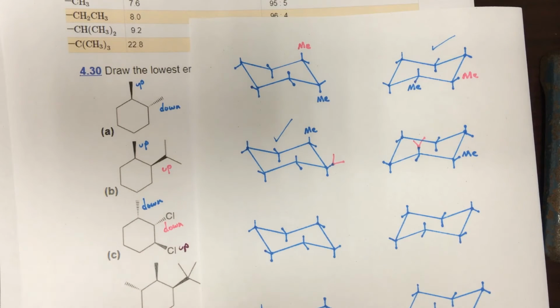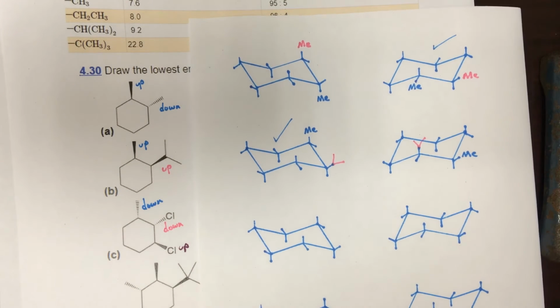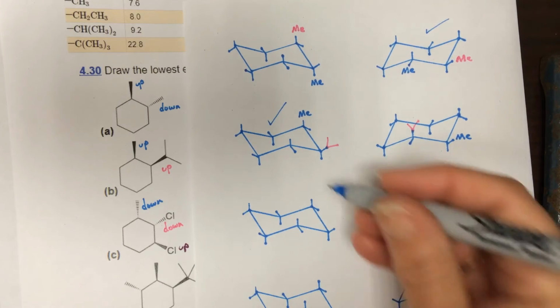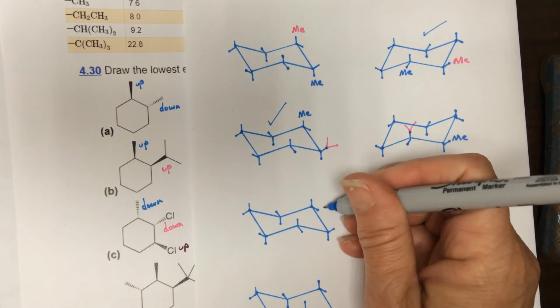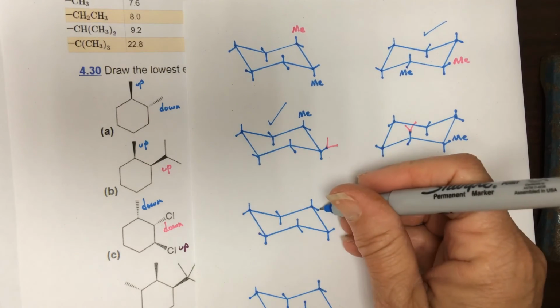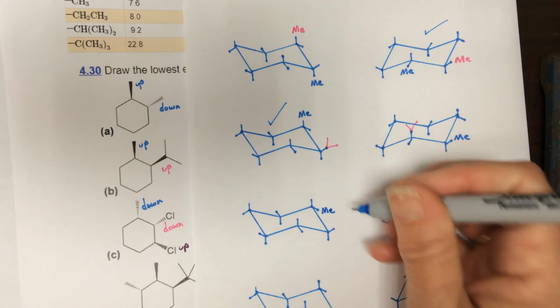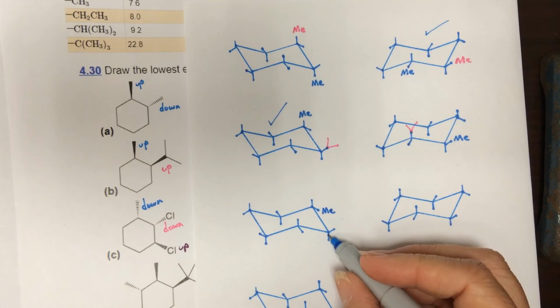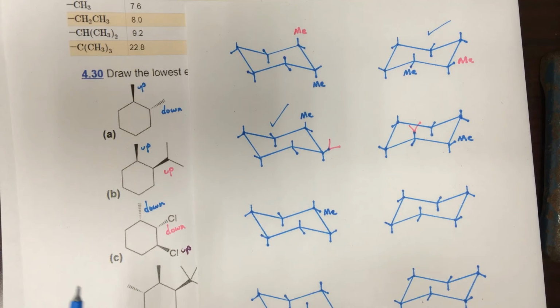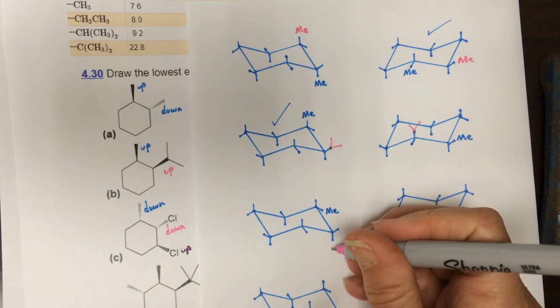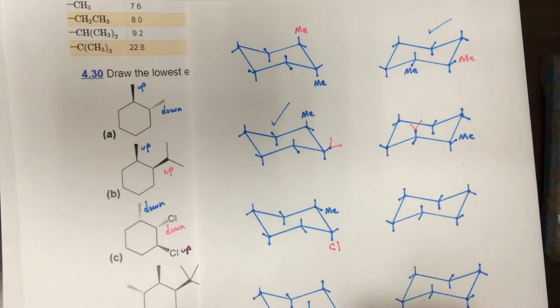Okay, so let's start with our methyl that's down. This is my favorite place to start, I guess, so we're going to make it down. It'll have to be equatorial. So there's our methyl.